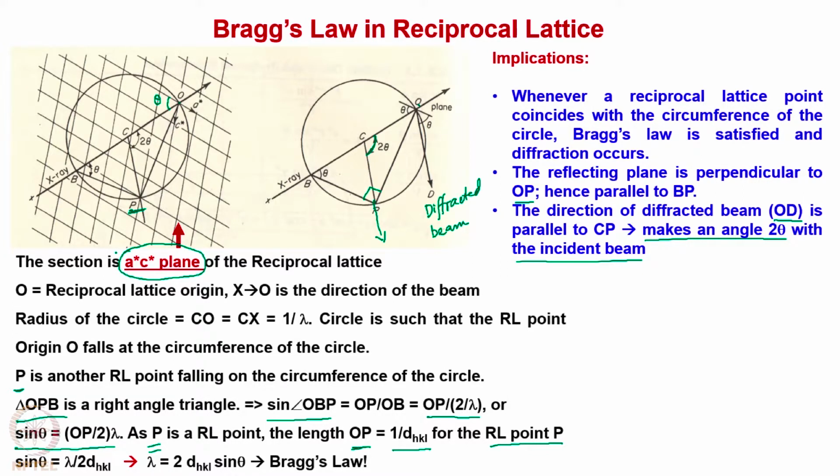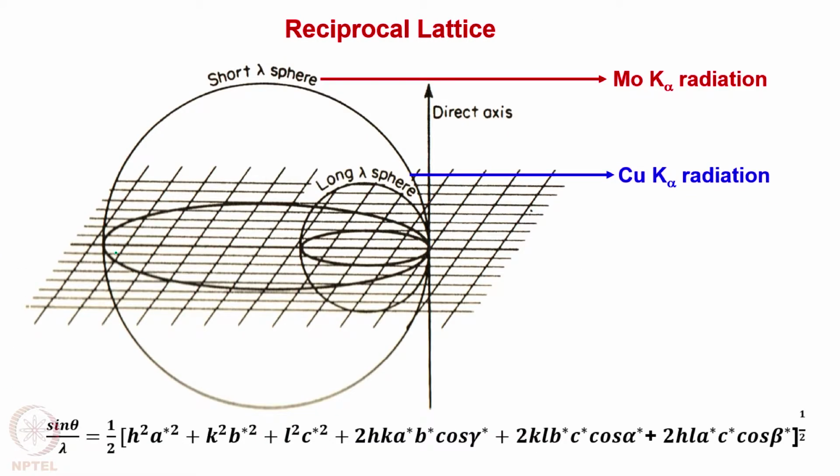As a matter of fact, these reciprocal lattice points are there in all directions in 3 dimensions, and if we consider those points, it actually represents a sphere. So, when you represent a sphere like that, immediately the size of the sphere is related to 1 by lambda.